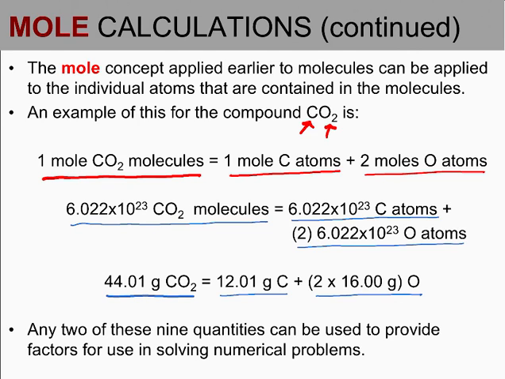And if we look on a periodic table, the mass of carbon is 12.01 and the mass of oxygen is 16, but we have 2 oxygens, so we actually have a mass of 32 grams of oxygen. And those both add up to 44.01 grams for carbon dioxide. Now, what's great is we can use all of these different equalities in solving numerical problems.